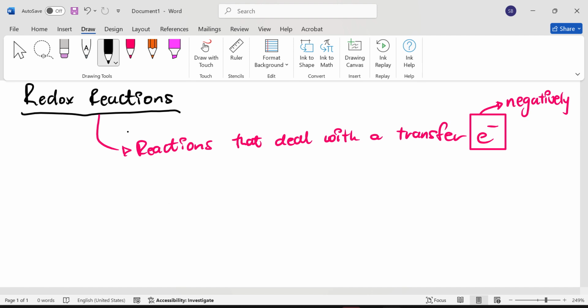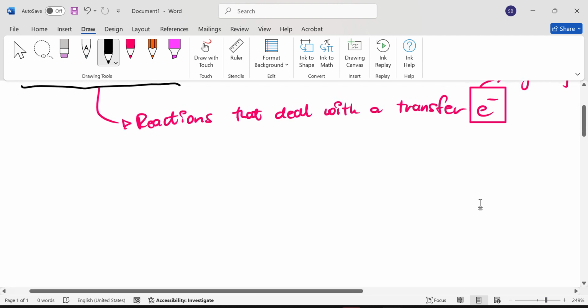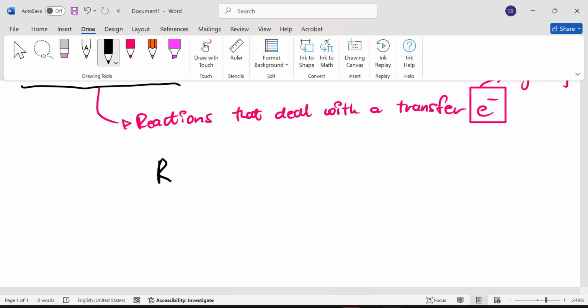Cool. Now, the word redox reaction, I don't really have a proper English term that I can use. I don't want to say it's a compound word because now I'm probably talking about something else. But the word redox is formed from basically two different words.